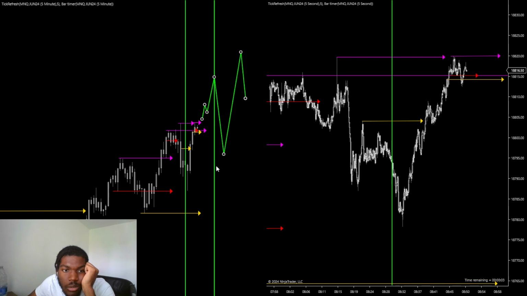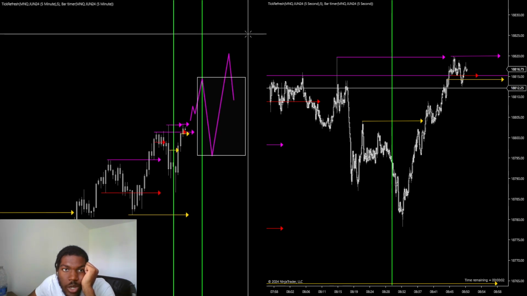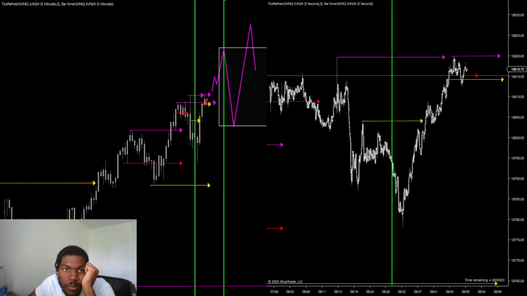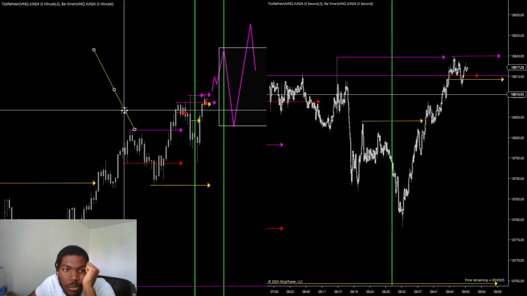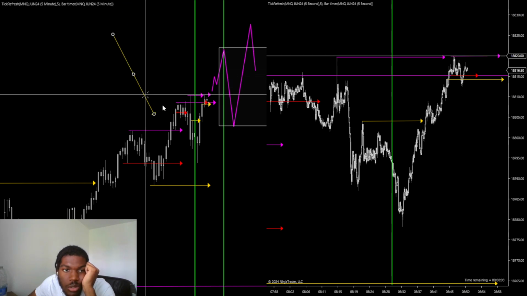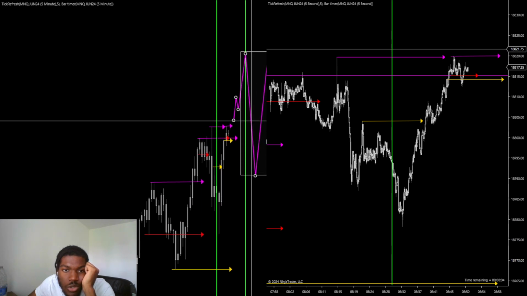We can see some shit like this. And then you wouldn't participate in this. Why? Because it's the third pullback. Now, yes, there are pullbacks here, here, and here, but they're not from the same time frame as this one and this one and this one. So we ended up getting a closure.